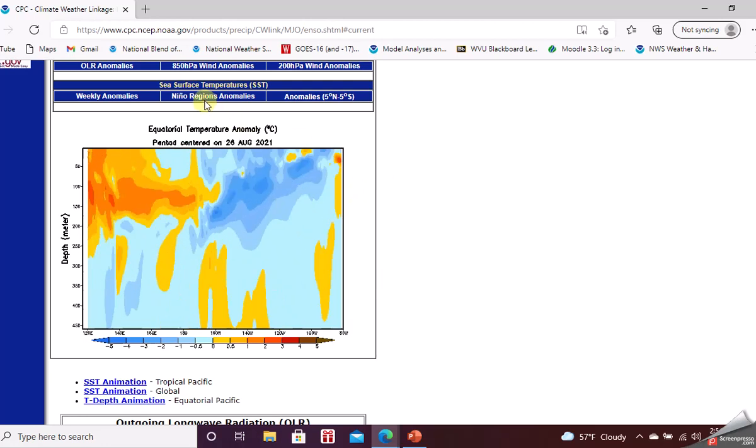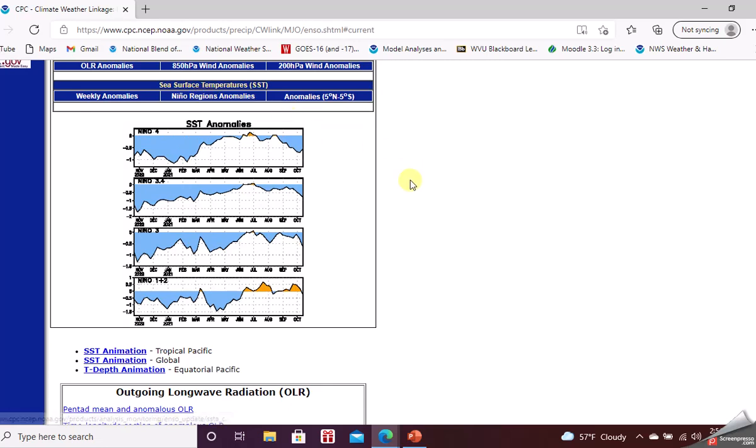Well, that is reflected in Nino anomalies, and the eastern half is Nino 3, 3.4. 3.4 is the one they typically use, and you can see we're averaging almost 1 degree below normal. For La Nina, you have to average 1 degree below normal for 3 months consecutively, but we definitely seem to be heading that way. So we transition from neutral, and we are definitely transitioning back to La Nina right now.